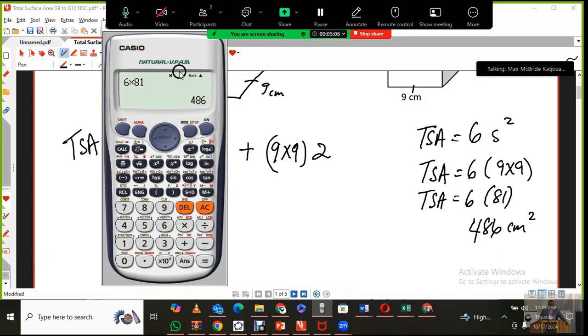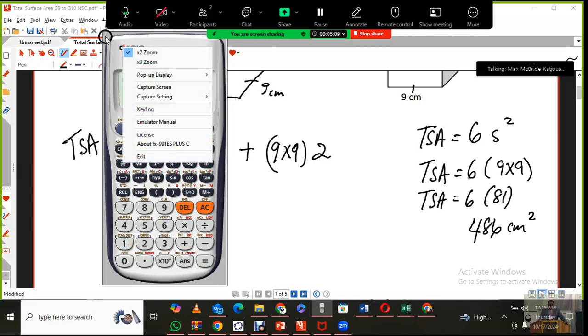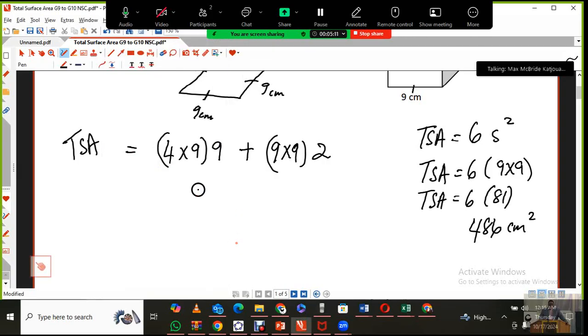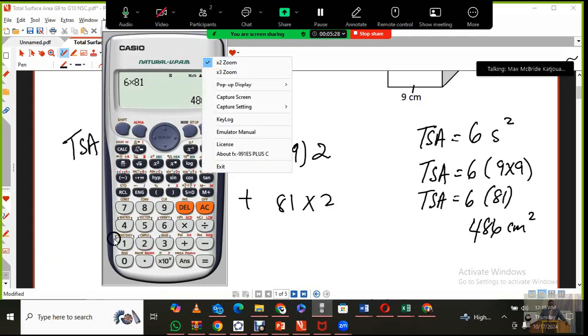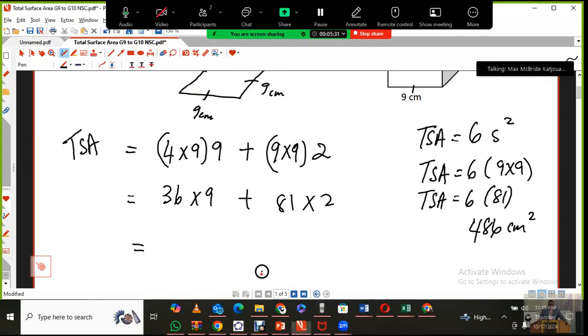Okay, all right. So this formula does the same. So it's basically like 36 times 9 plus 81 times 2. Are we together so far? Okay, just get my calculator at the right place. 36 times 9, if you use your calculator, how much are you getting? 324.